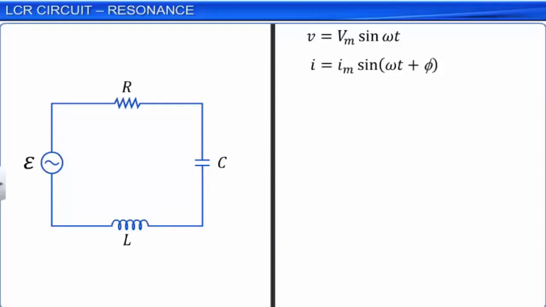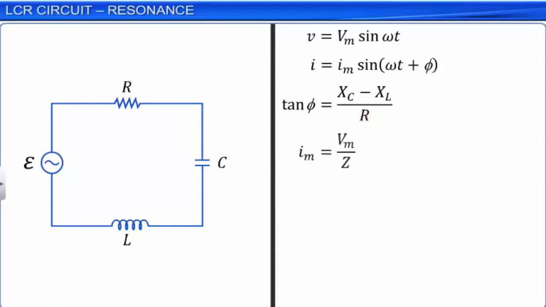The phase difference, phi, can be calculated by the expression tan phi equal to (Xc minus XL) by R, where Xc is the capacitive reactance, XL is the inductive reactance, and R is the resistance. We know that the amplitude of current Im in an LCR circuit is given by Vm by Z, where Z is the impedance of the circuit.